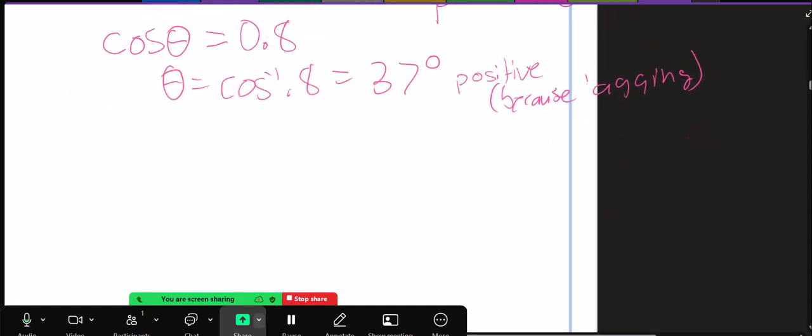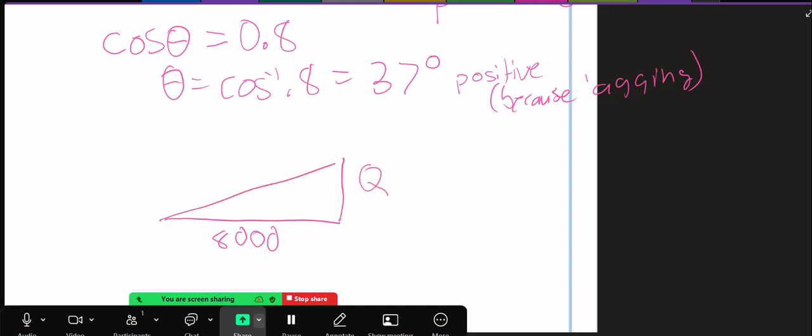So then we can say our real power is 8,000, and then we have our reactive power, and we have our apparent power. We have that this is 37 degrees. So we know that 8,000 equals our apparent power times the cosine of theta.